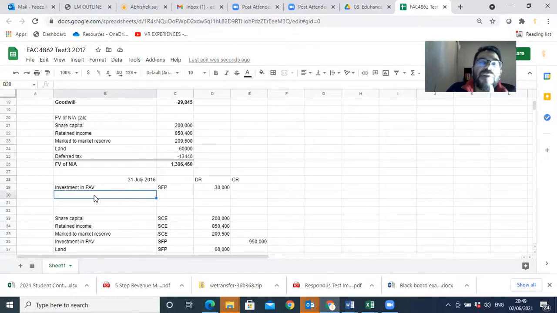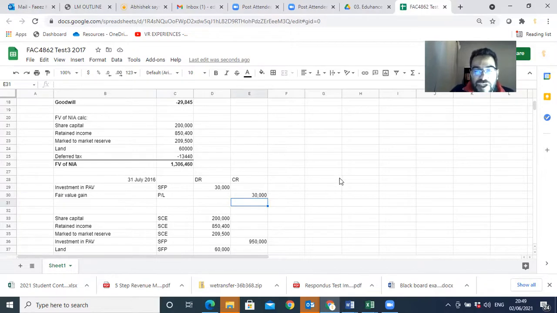And how do we dispose of it? At fair value. So we must first recognize fair value. It's a gain because we are increasing P and L, credit fair value gain 30,000.